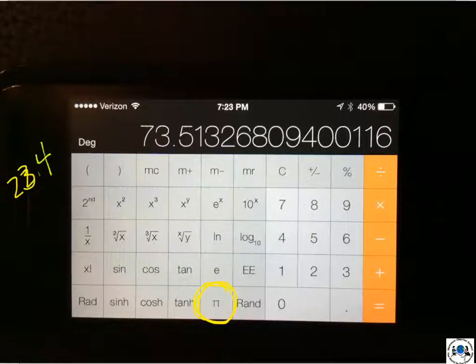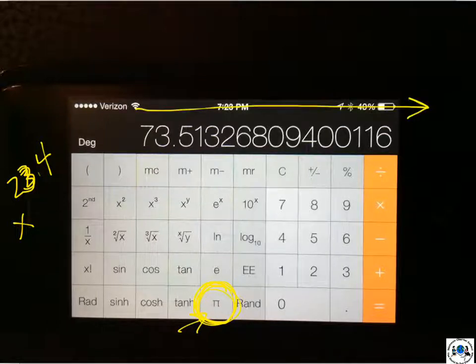I did 23.4, which was the diameter, and then I hit the multiply button, and then I just hit my pi button right there. Okay, and what it does is it'll show you pi to as many digits as will be held on the screen. I mean, if you had a calculator that held 100 digits on its screen, they would all be filled with numbers because, like I said, pi is non-terminating.